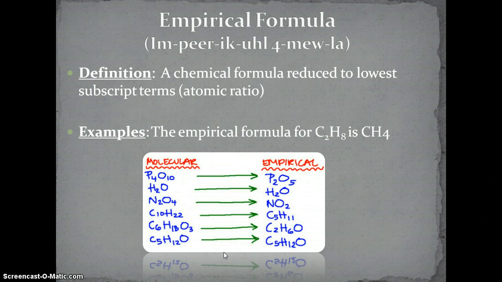Empirical formula. So it's a chemical formula reduced to its lowest subscript terms. So its lowest ratio of atoms. Example, the empirical formula for C2H8 is CH4.